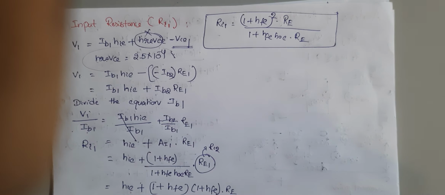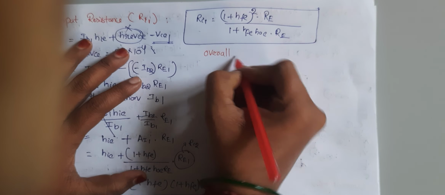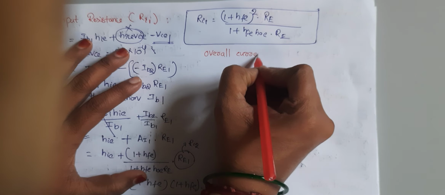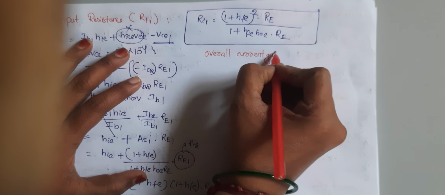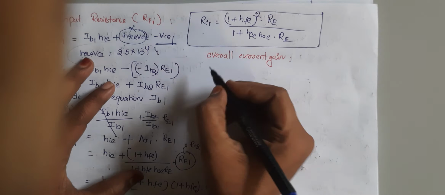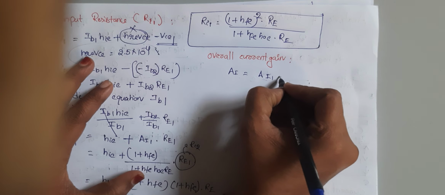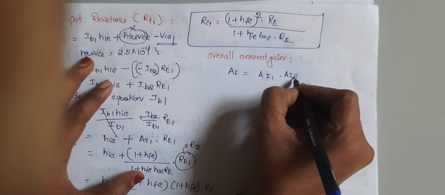Next, we have to find out the overall current gain. In a cascade connection, the overall current gain AI is equal to AI1 into AI2. So what is our AI1?